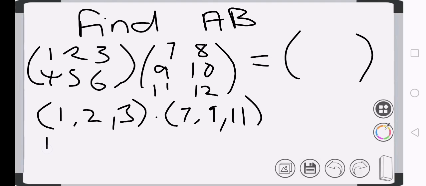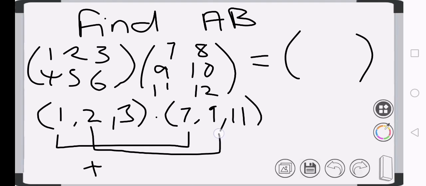So it will be this number 1 multiplied by that, plus this multiplied by that, plus this multiplied by that. So here goes.